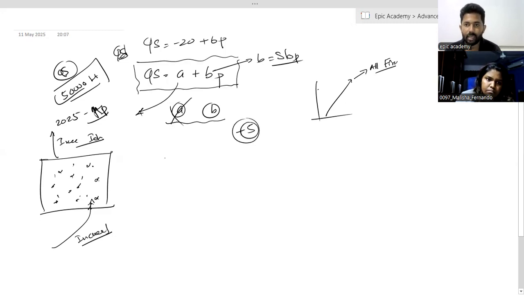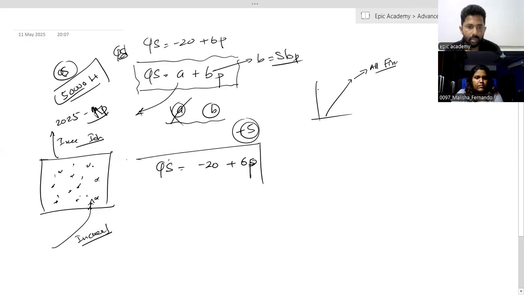If it were minus, it would be given. So QS equal minus 20 plus 6P was the earlier equation.